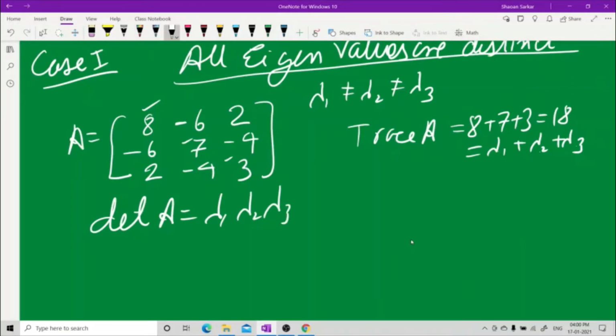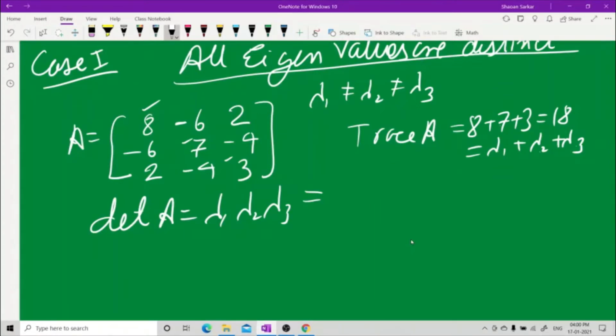Now if I take the determinant, I'm giving you directly the answer. Let me find it out for you.